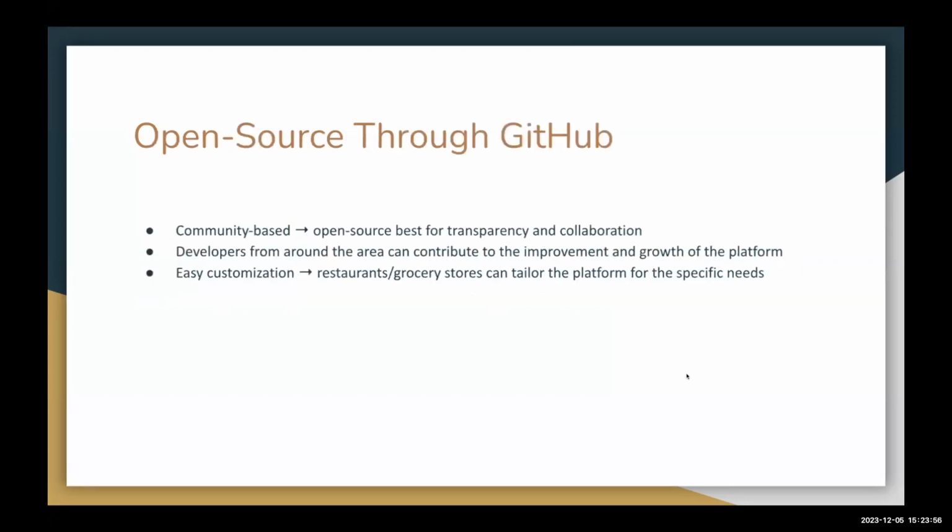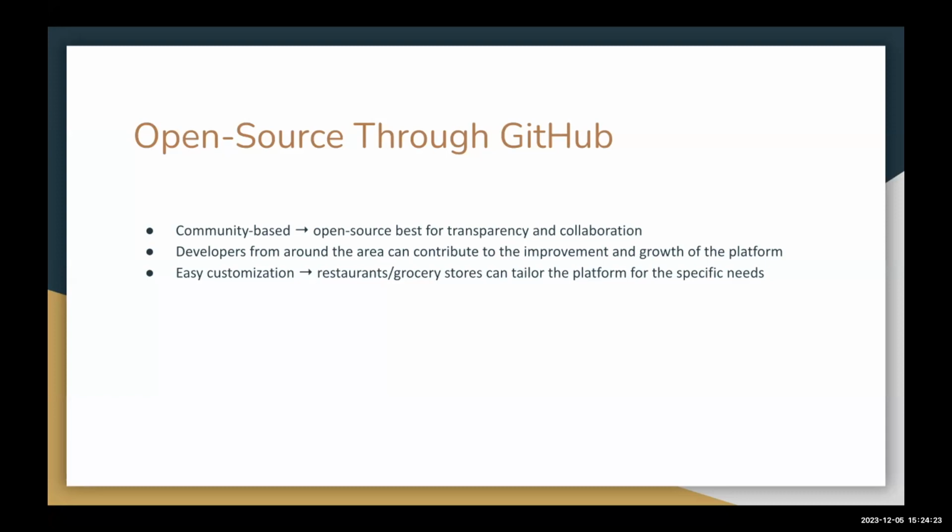Yeah, so I would be planning on using open source. In order to combat this issue, it's a very community-oriented project. So that's why I believe that an open source style management is best for the ethos of transparency, collaboration, and community-based development.